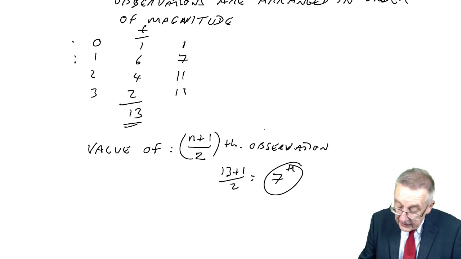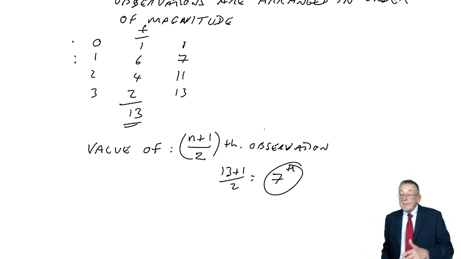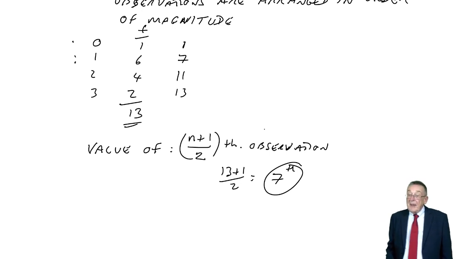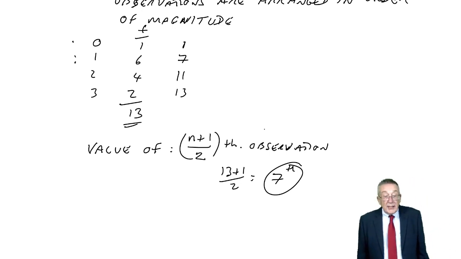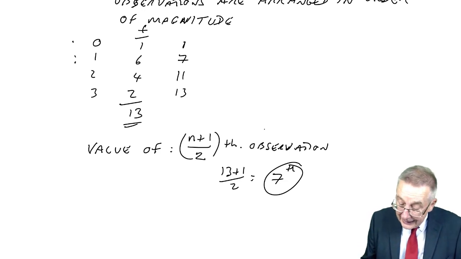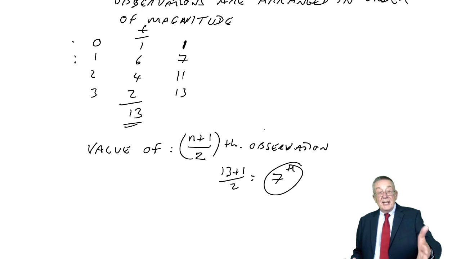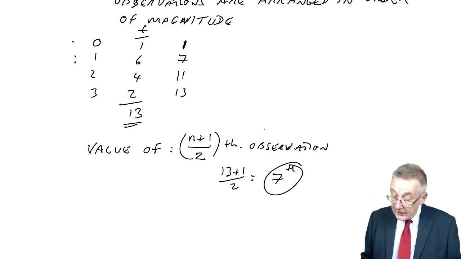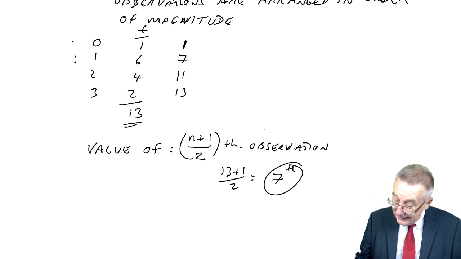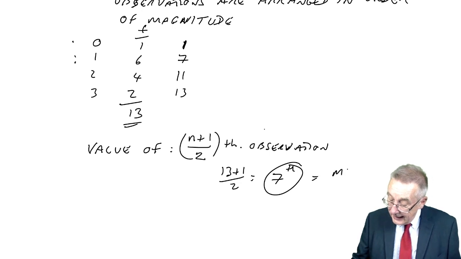Another 2, 13, were 3, so the 12th and the 13th were 3. And now we can see straight away the value of the 7th: the 2nd to the 7th were 1, so the median is 1.